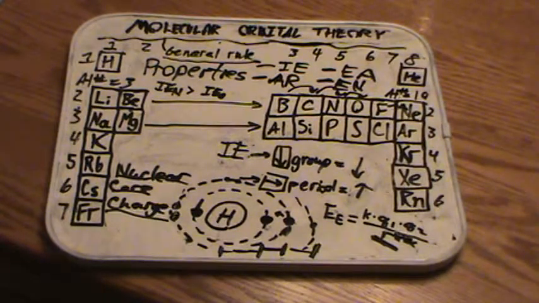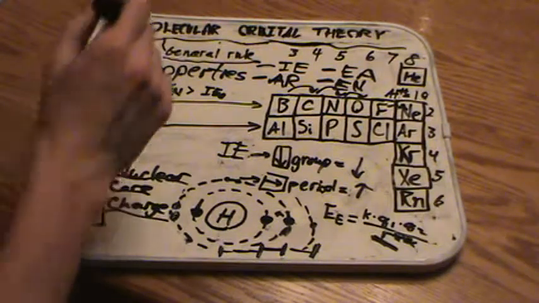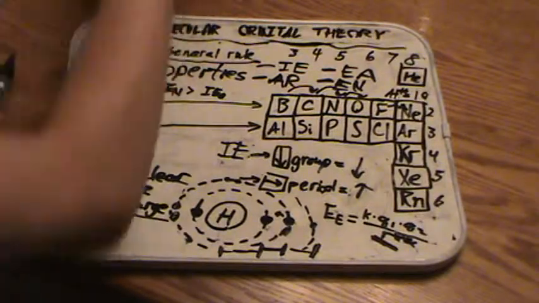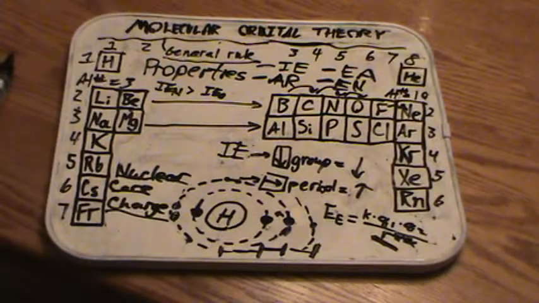Okay, and so the first thing that we've talked about is this idea a lot of orbitals as we've gone through our videos, and I've alluded to this idea of what is underneath the energy level.